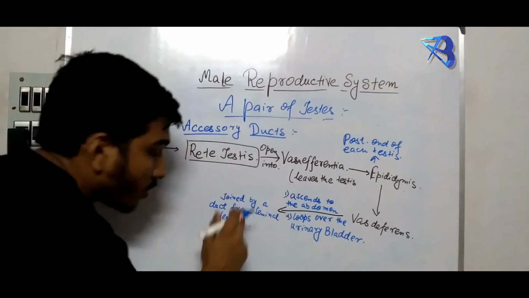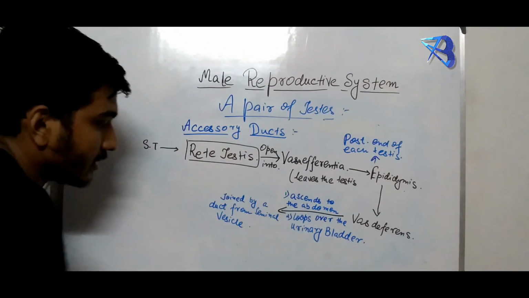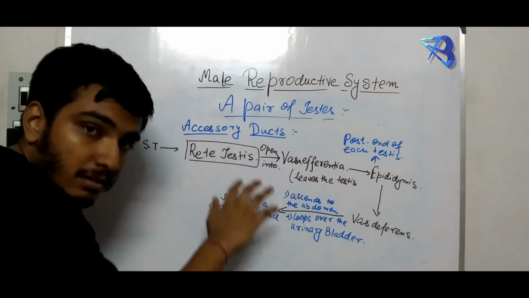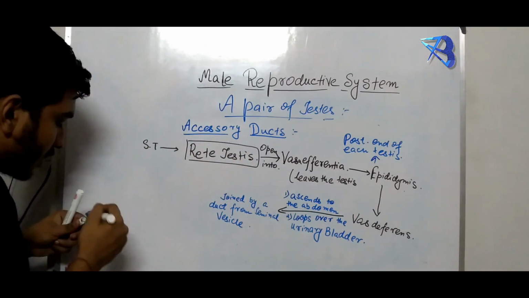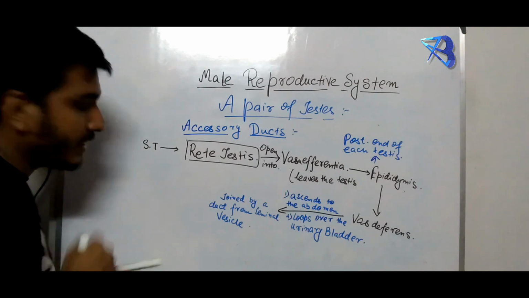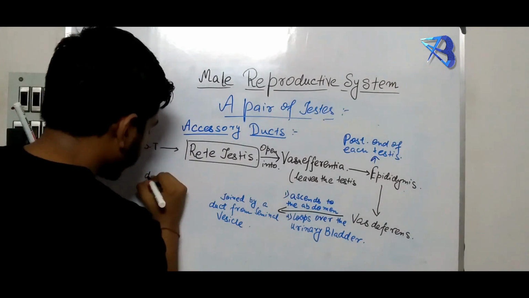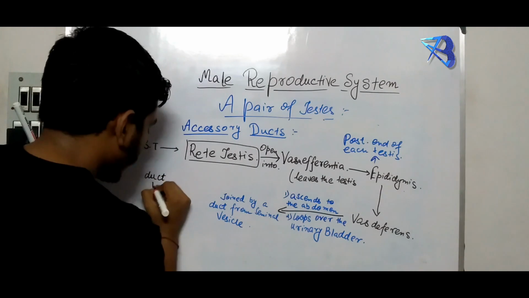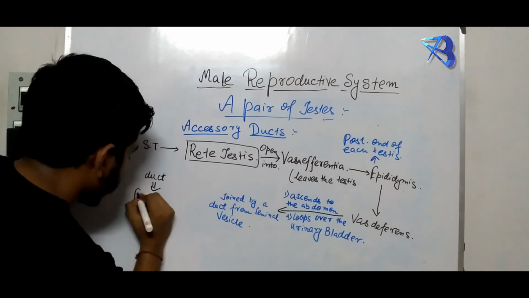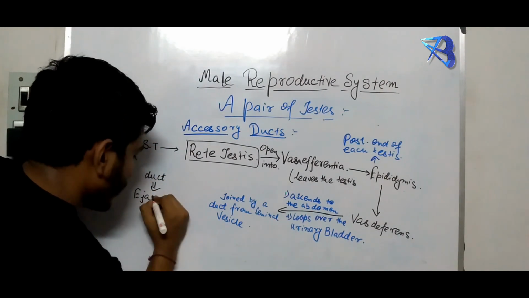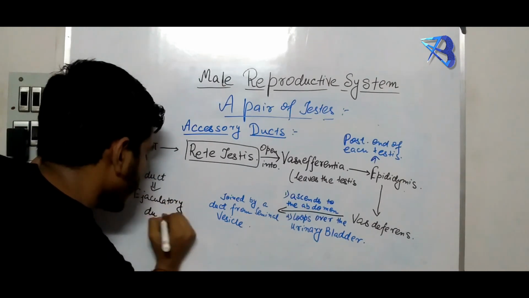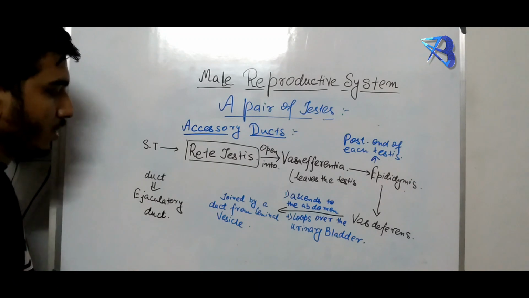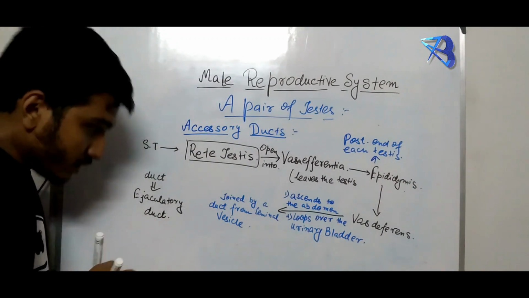What is this duct called? The duct from the seminal vesicle joins the vas deferens, and together the duct is known as the ejaculatory duct. What is the function of this ejaculatory duct?